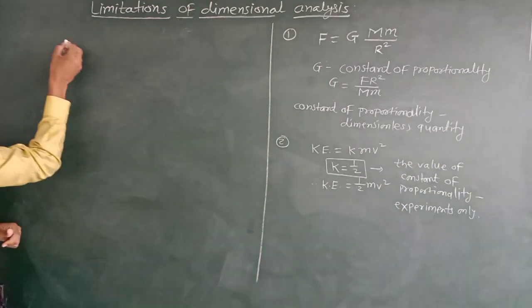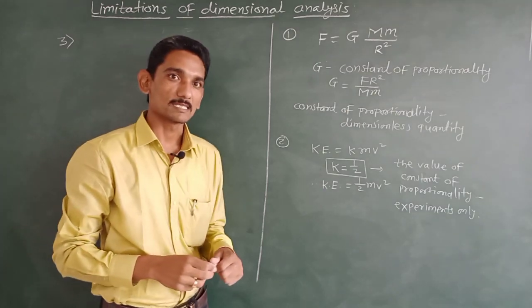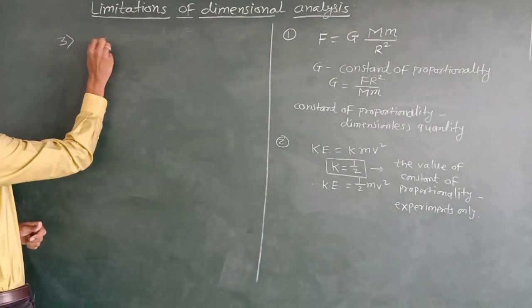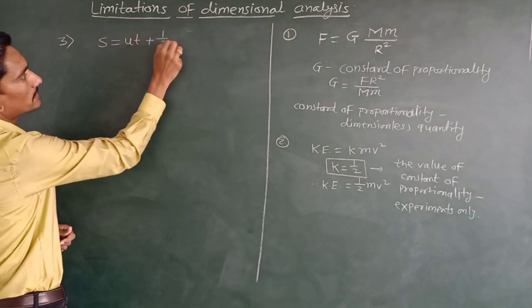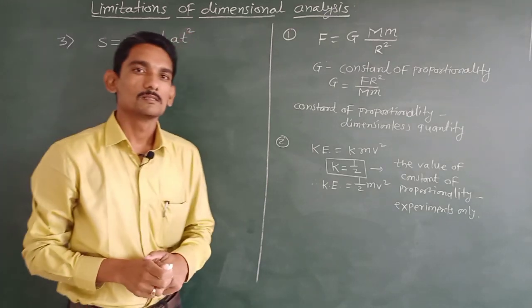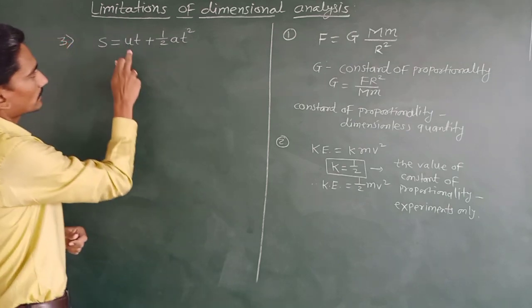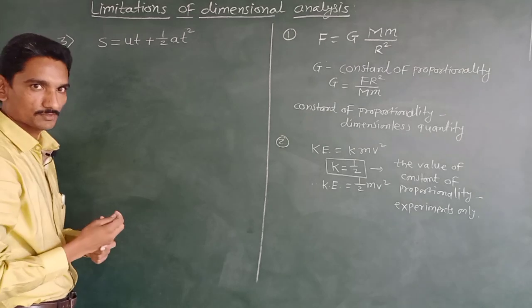Then the next limitation regarding the use of dimensional analysis is this. Again we are going through an example: s equals u t plus half a t square. This is the second equation of motion. In this equation, u t plus half a t square, there are two terms.